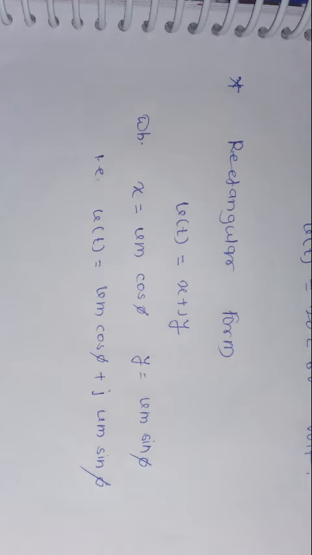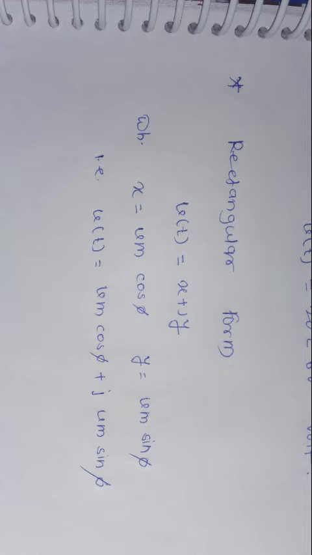Now the same phasor diagram can be represented in another form called rectangular form. In rectangular form, this phasor can be represented as phi of t is equal to x plus jy, where x is equal to phi m cos phi and y is equal to phi m sin phi.